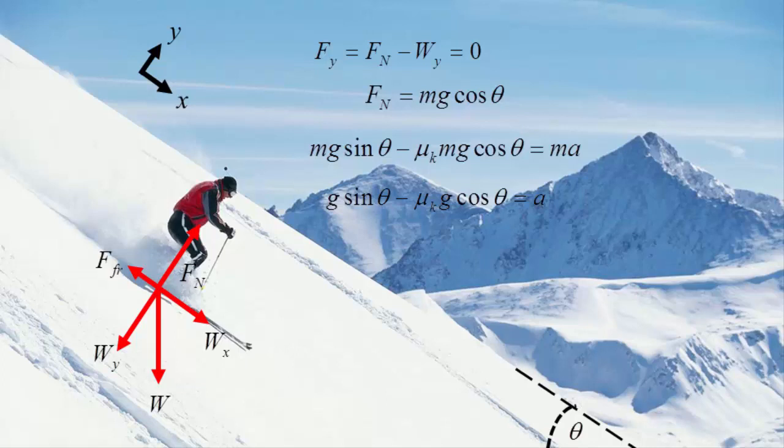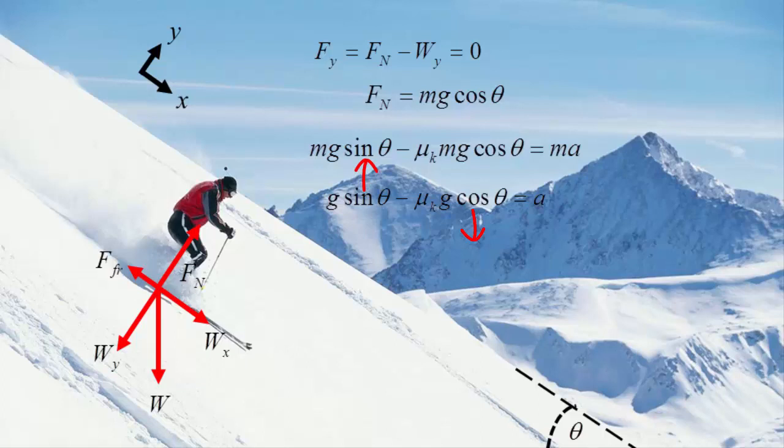If the angle of the slope is large, for example if the slope is steep, do we expect the skier to accelerate more or less? If we increase the angle, then sine theta gets larger and the component of gravity in the x direction increases. At the same time, the normal force gets smaller because cos theta gets smaller with increasing angles, so the frictional force decreases.